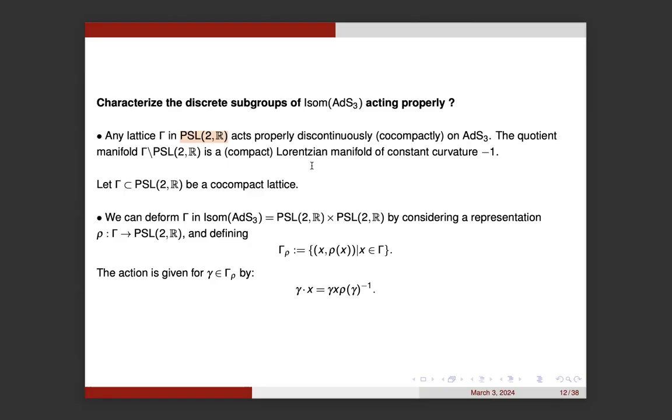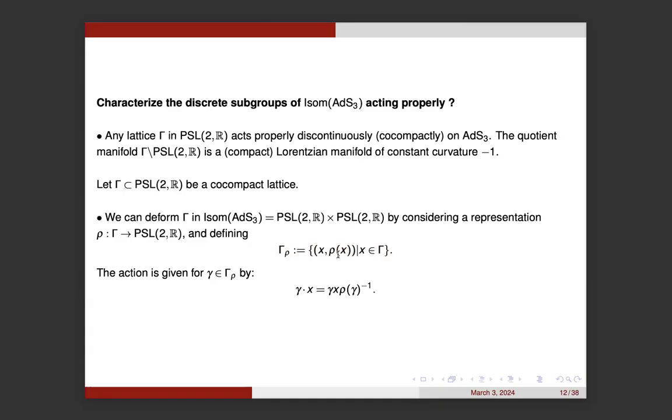Now I can deform this gamma inside the isometry group. So consider gamma a co-compact lattice in this PSL(2,R), the first component of the isometry group. We can deform gamma inside the isometry group by considering a representation rho of gamma inside this group and defining gamma rho this way.